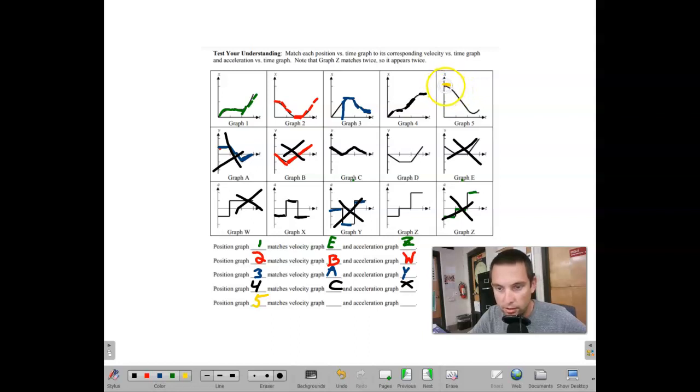We start out at 0, and then instantly our slope is negative, and then we hit this period of a constant velocity, and then we approach 0 slope again, so we're slowing down, but we were in the negative, so remember that's slowing down, and then we end up in the positive velocity. We start at 0, we approach a constant velocity, so that means our velocity is not changing here.